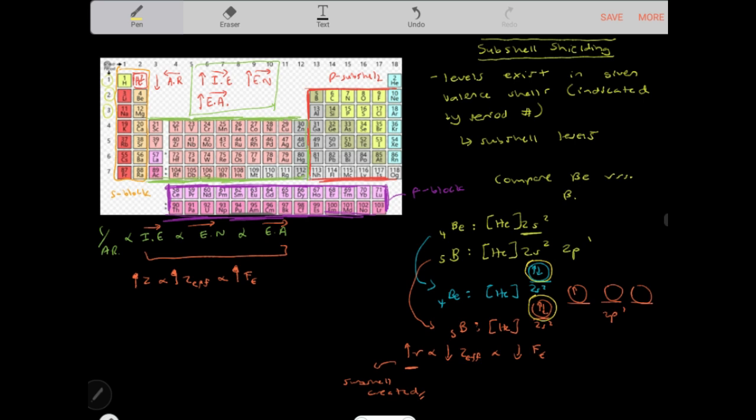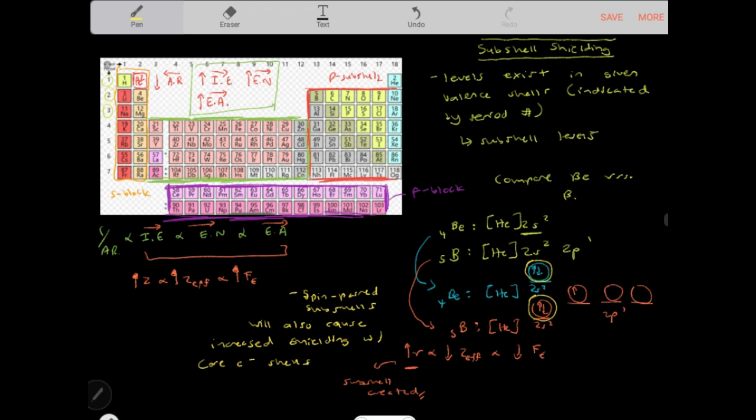So subshells will also create shielding, and filled subshells or spin-paired subshells will also cause increased shielding with core electron shells.